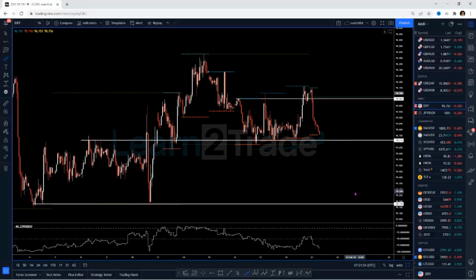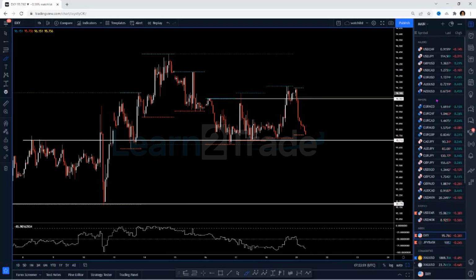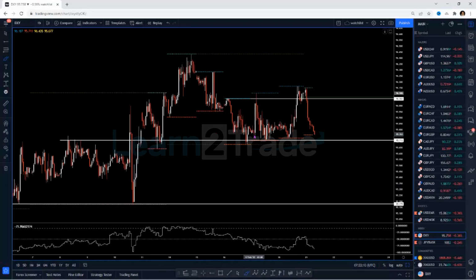That would mean that I will be looking for longs in the EUR/USD, maybe longs in the GBP/USD, longs in the Aussie versus the US dollar, possibly shorts in USD/ZAR, the South African rand, and USD/MXN, the Mexican peso. But in any case, we need confirmation of the break below before taking action on a bear trade or a sell trade on the USD.